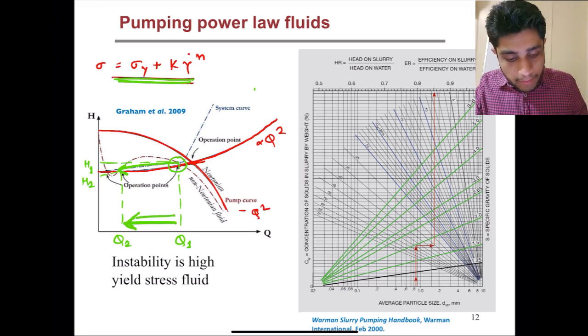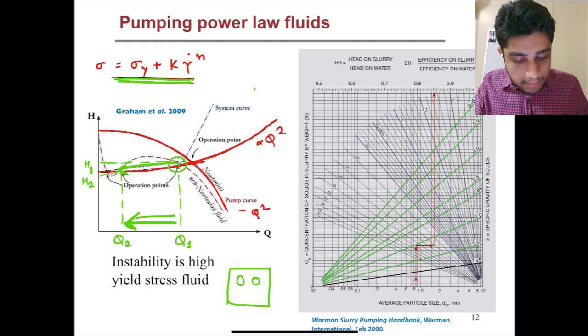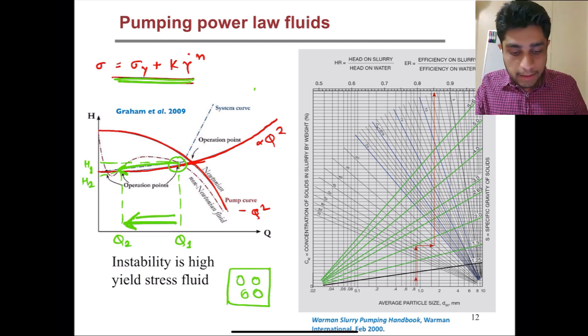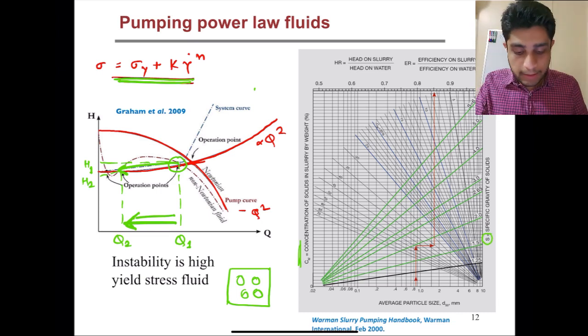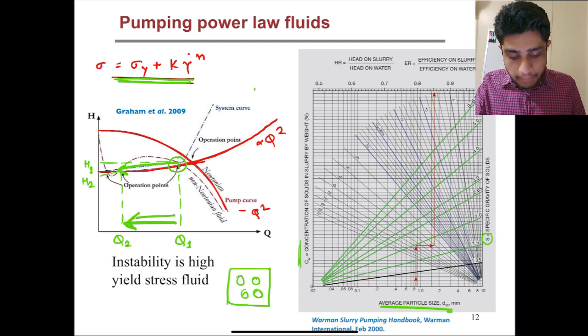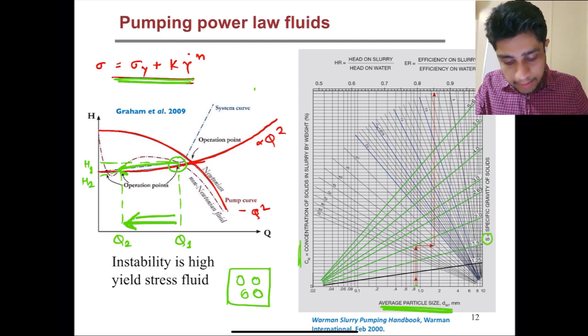So let's say we want to pump a fluid which is composed of particles suspended in a liquid, and their concentration is given by Cw, and let's say S is the specific gravity of the solid particles, and we also know the average particle size. Then if you know the average particle size, start from there.